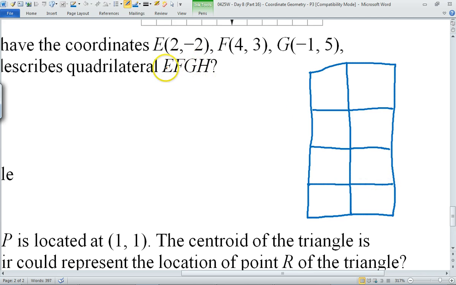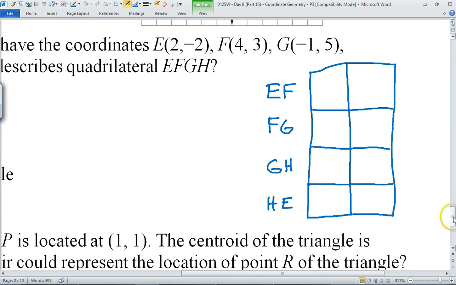So we're talking about E, F, G, H. So let's just go in order. So we have EF, and we have FG, and we have GH, and we have HE. I just went in pairs in order around this quadrilateral.